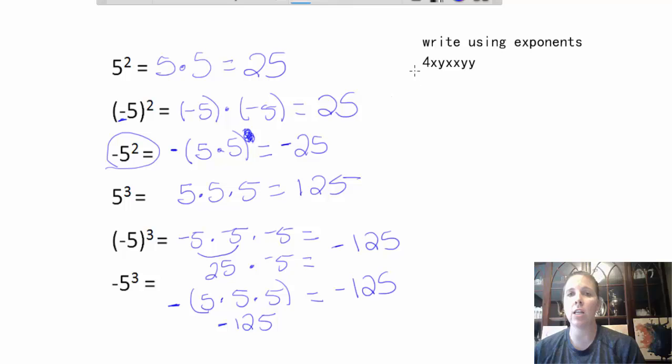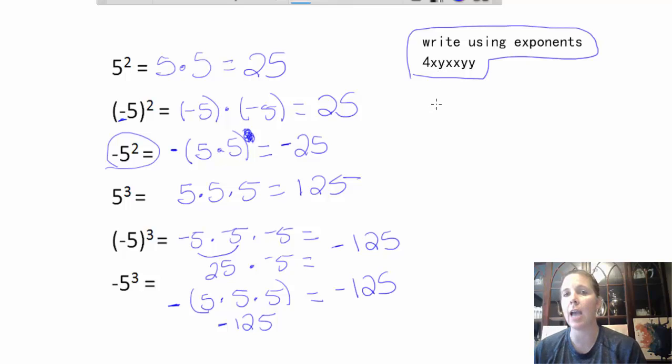Okay. So now look up here. Here's another little example up here in the corner. Write using exponents. So if I give you something like this, or if the book gives you something like this, and you need to write it using exponents, you just count. So it's going to be 4, and I have 1, 2, 3 x's.